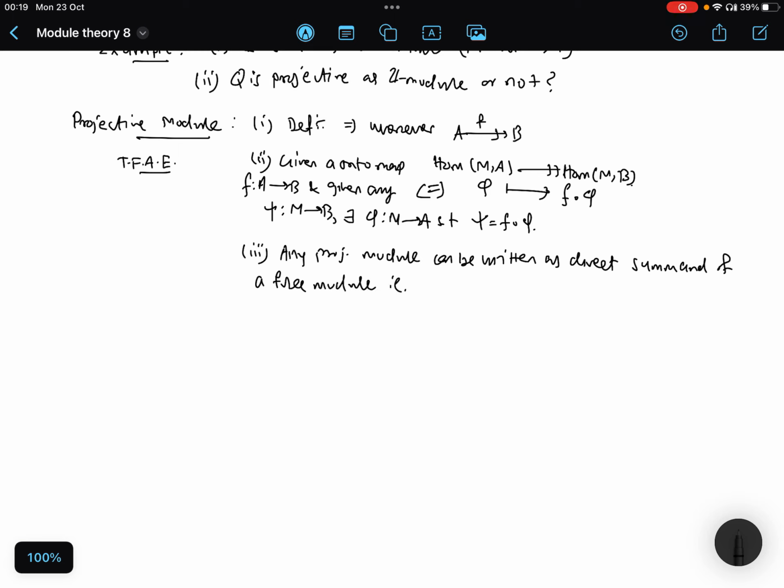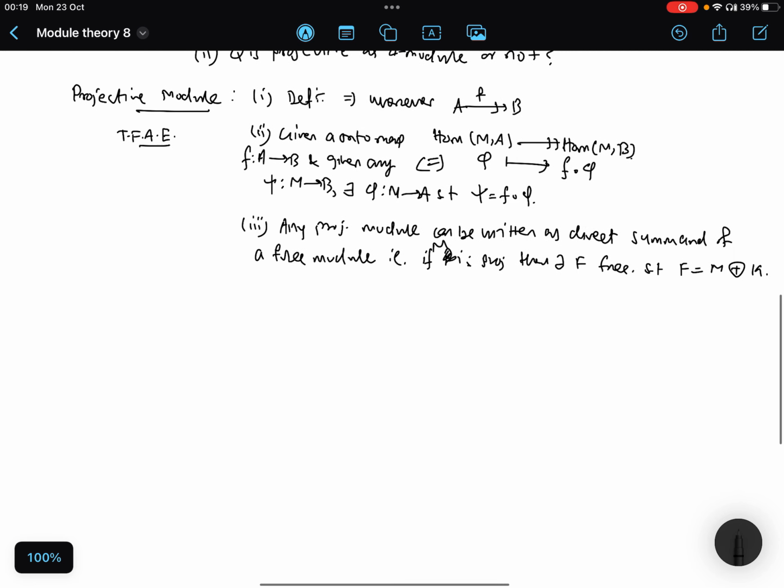This means that if P is projective, or say M is projective, then there exists some free module F such that F is M direct sum some other module K, right?